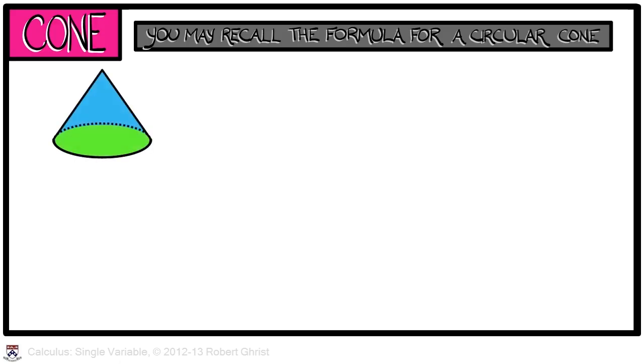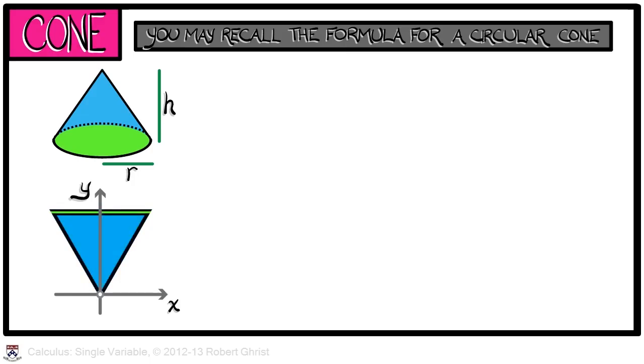You may recall the formula for the volume of a cone with a circular base of radius r and height h. Let's turn our cone upside down, putting the point at the origin of the xy plane in profile, and then consider slicing along disks that are parallel to the x-axis.